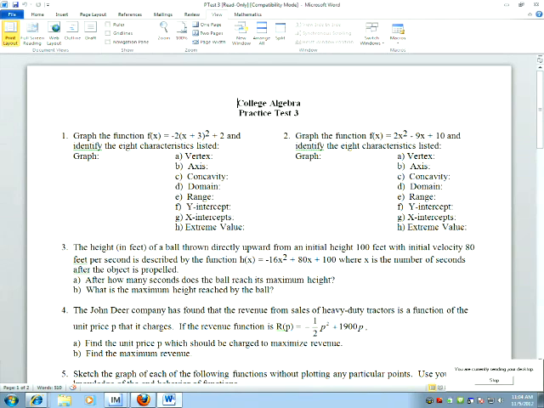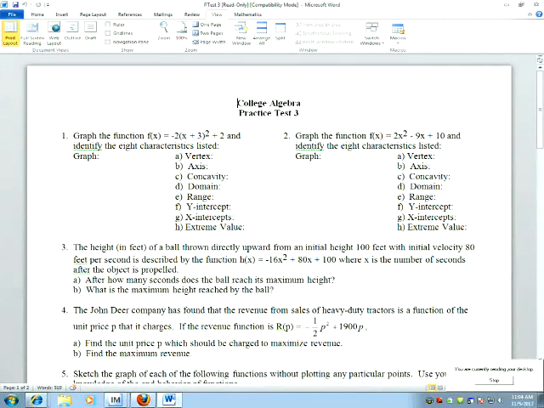In the F part, how do you find a y-intercept? Let x be 0. And in the G part, how do you find an x-intercept? Let y be 0 and solve that equation. H part, extreme value. Would a concave up parabola have a maximum value or a minimum value?